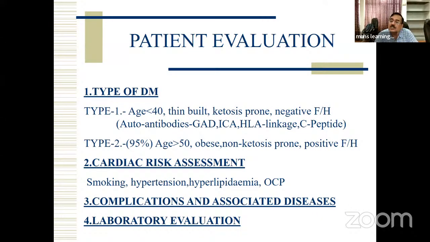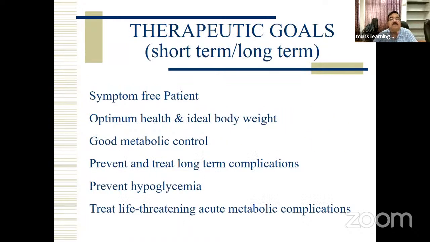Laboratory evaluation for all the cases, including ECG and ophthalmic evaluation, must be done before the start of therapy so that effective therapy can be rendered. What are the therapeutic goals? The patient should be symptom free.